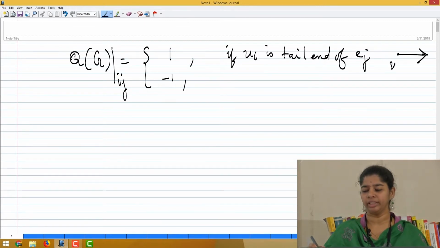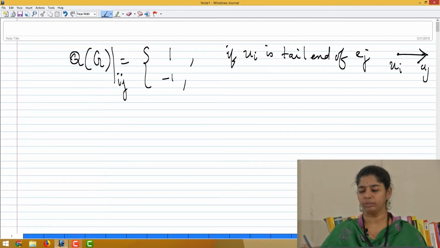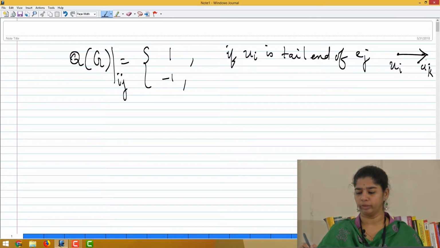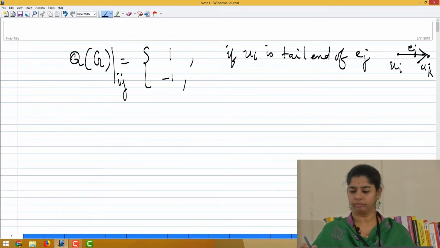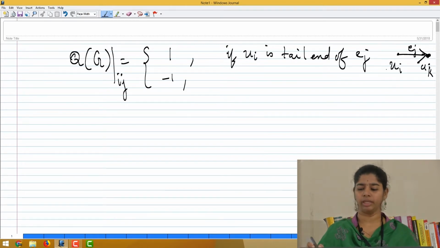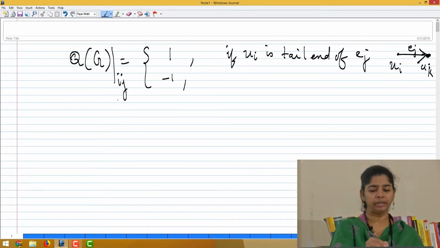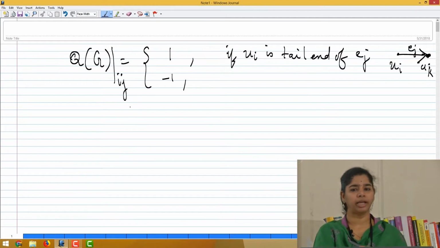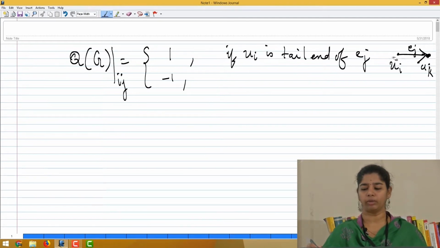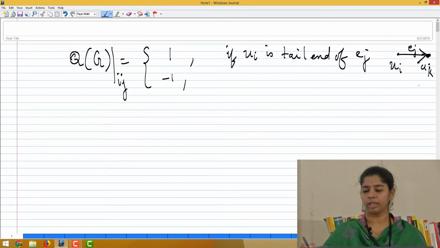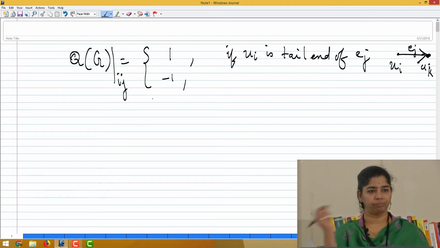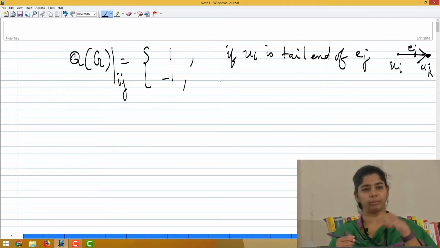So if this is the case, let me just use a different notation, say ui uk, and if ej is the edge we are talking about, in this direction, then the ijth entry q_ij of this matrix is going to be equal to 1 because ui is the tail end of the directed edge, and the corresponding k would take -1, the other end, because it is an incoming edge.